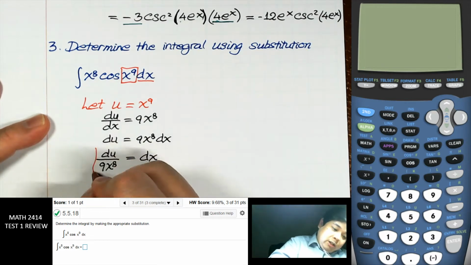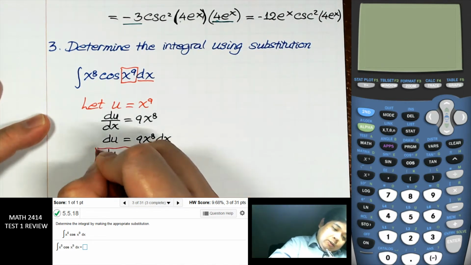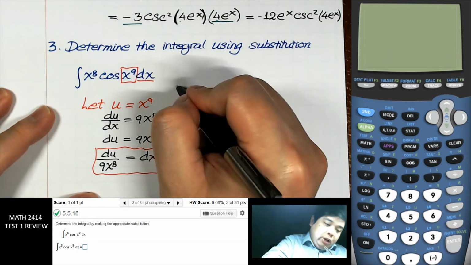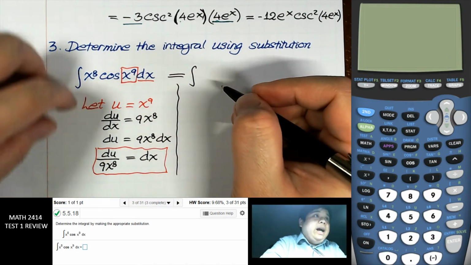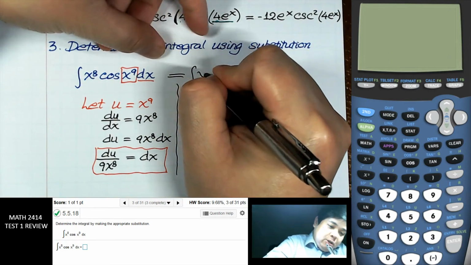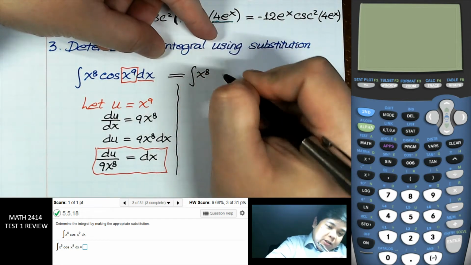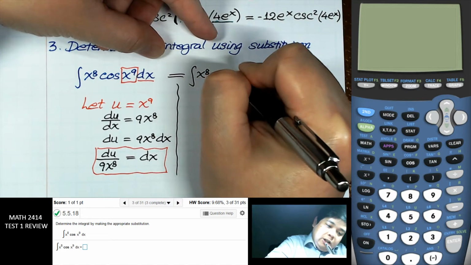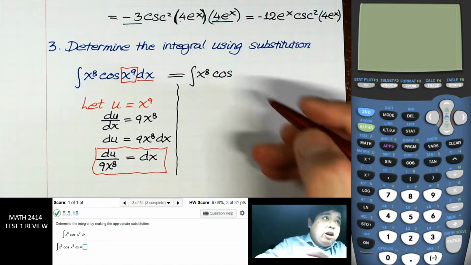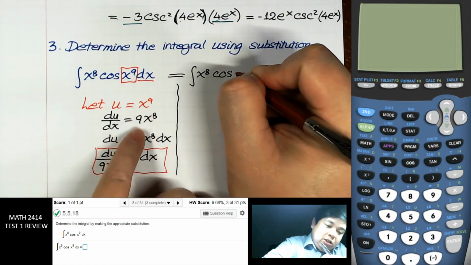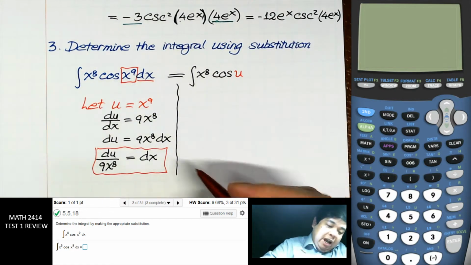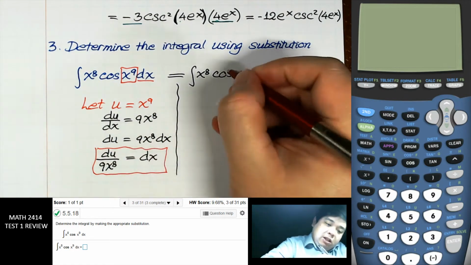So we need two things, u and then dx. And we substitute back in: x to the 8 cosine, instead of x to the 9 power we use u, and instead of dx we use this.